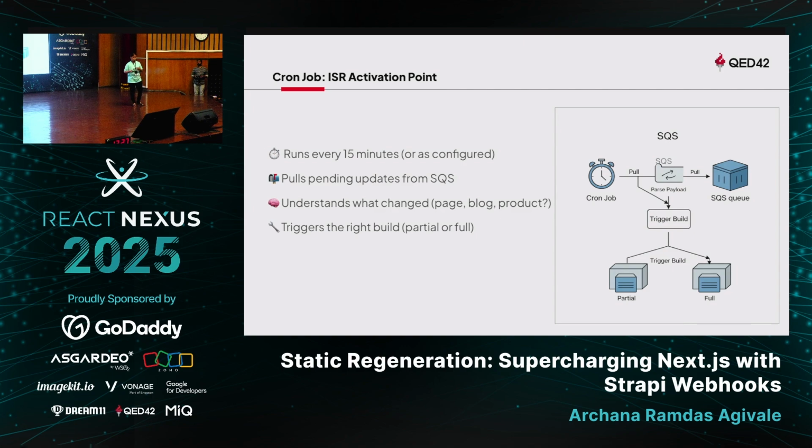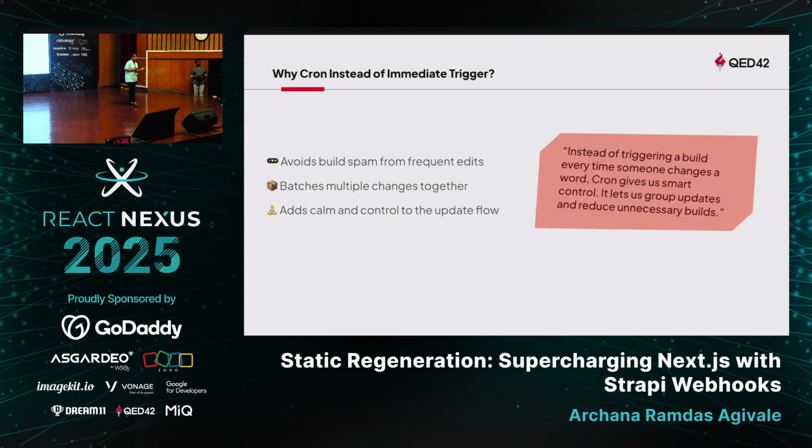As I mentioned, with SQS we are not triggering an immediate build. Why not? Consider that in a 10-minute time frame the content gets updated 10 times. You can imagine 10 builds getting triggered, and the resource utilization for those 10 builds is very high.